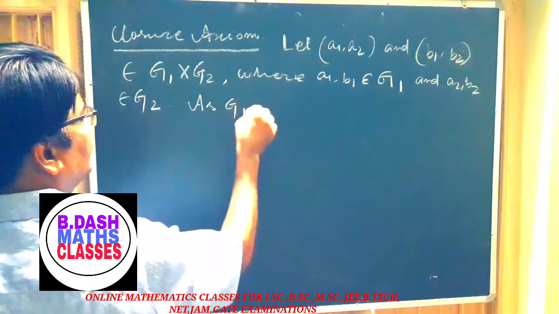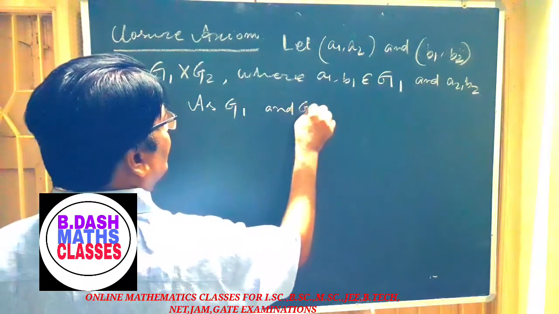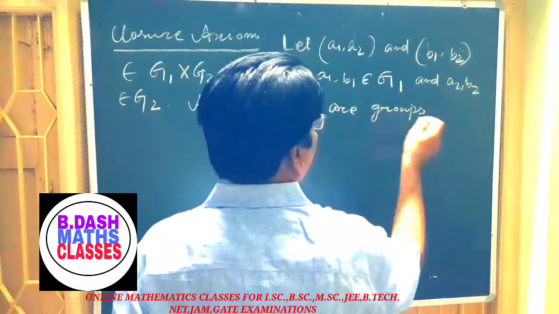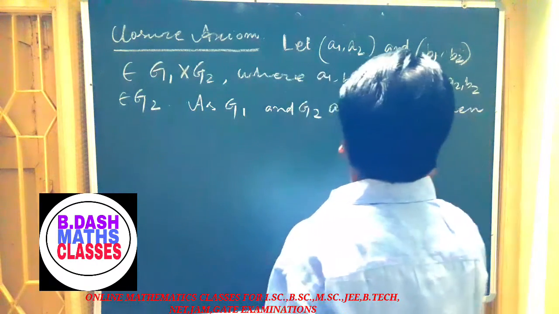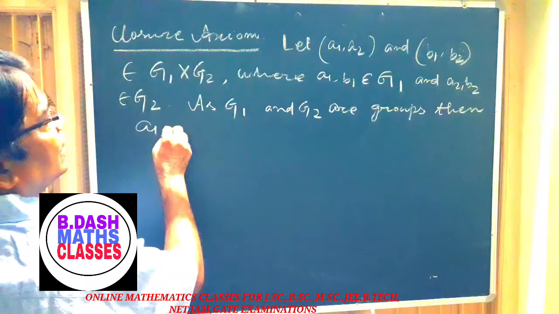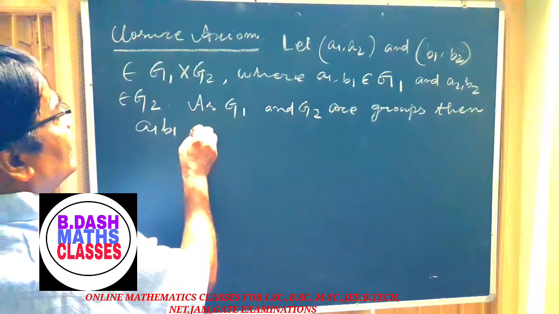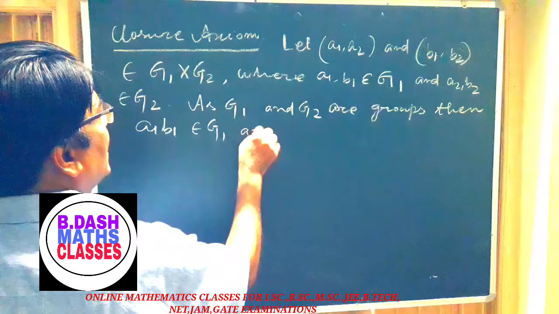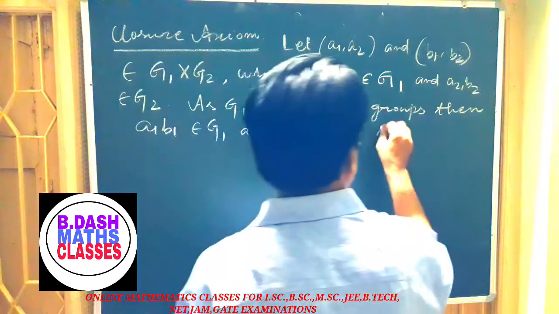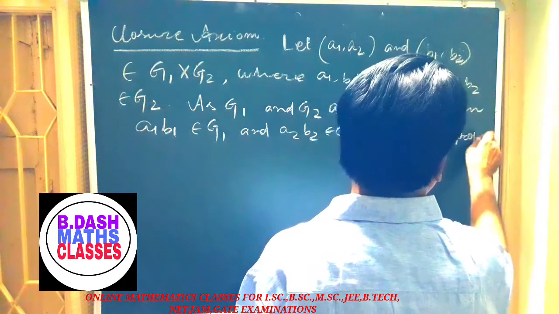As G1 and G2 are groups, a1 b1 belongs to G1 and a2 b2 belongs to G2 by the closure property.